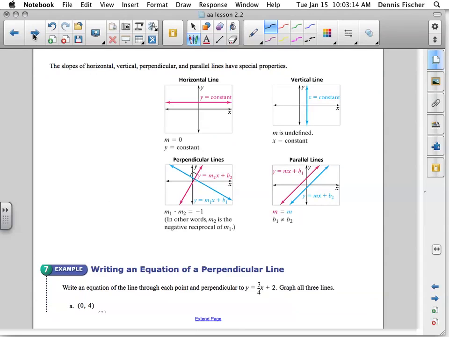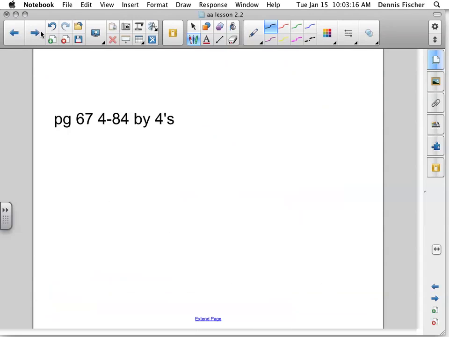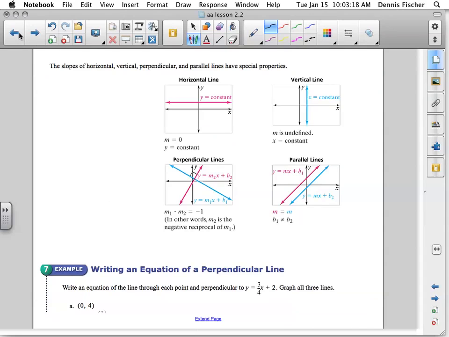Now, the last thing I want to talk about, I think it's the last thing we look at here. Last thing is slope again. First thing is slope of a horizontal line.